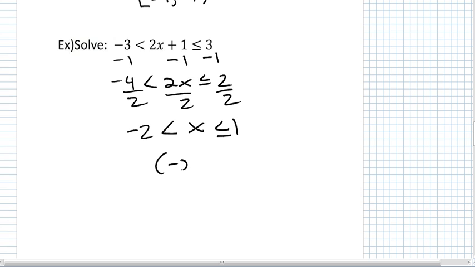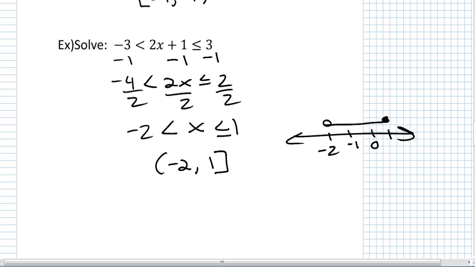So as an interval, it would be from -2 to 1, and 1 would have a bracket around it because it's equal to. When you graph it, here's -2, -1, 0, 1. So you'd have an open circle and a closed circle, and you just connect there.